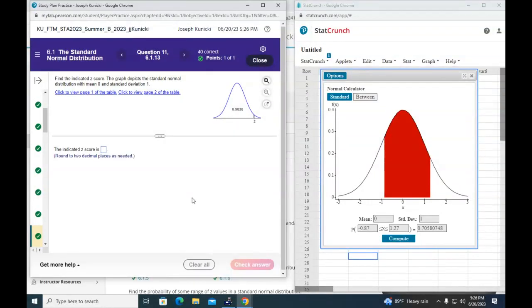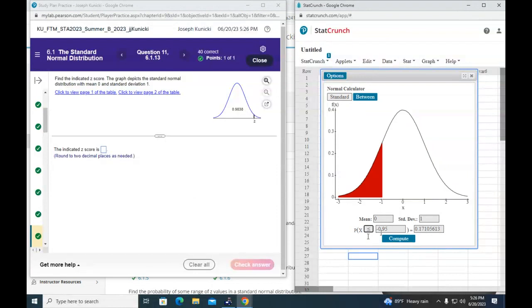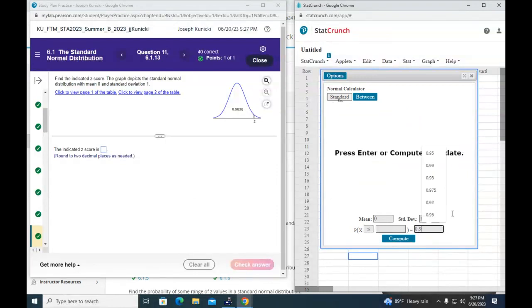Number 11. Now they're giving us the probability. They're saying that the probability for this value of z is 0.9838. So it's less than. I got to go back to standard, choose less than, and then I go over here and put in the probability of 0.9838.